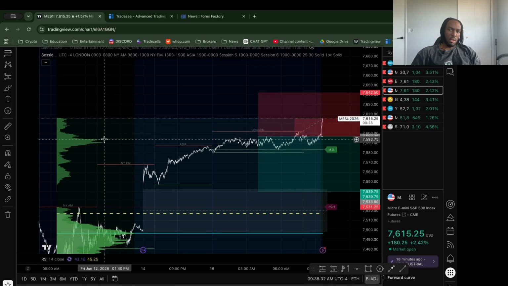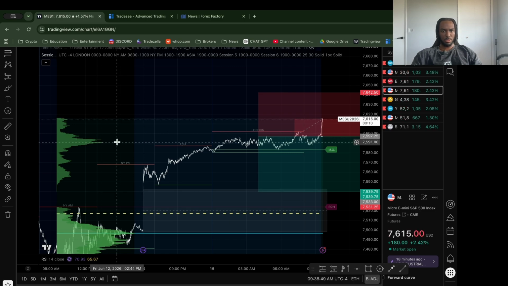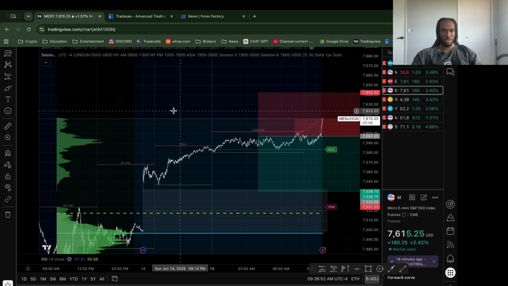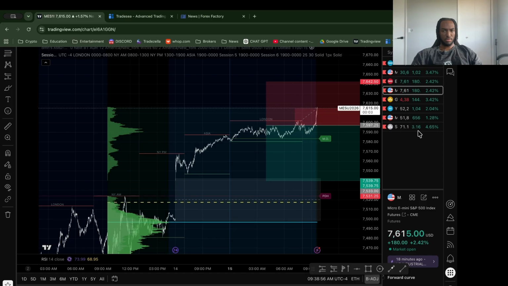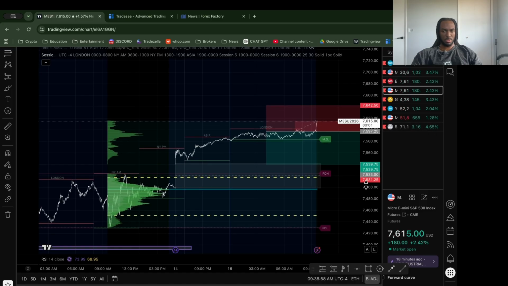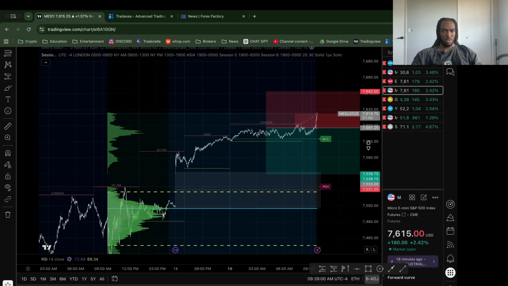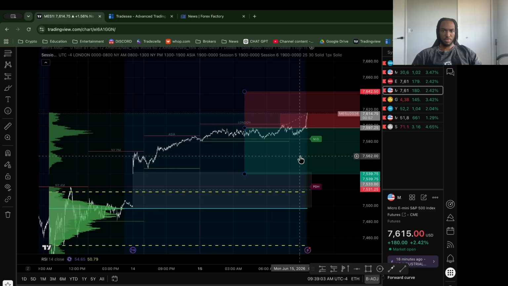But at the same time, I don't know if it's enough to justify this climb up. We built a new high level of volume here. We're making volume above it. Looks like there is price acceptance, which sucks for us.